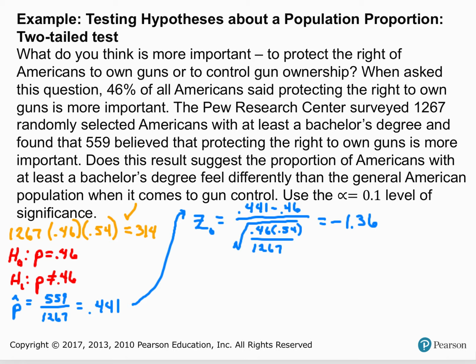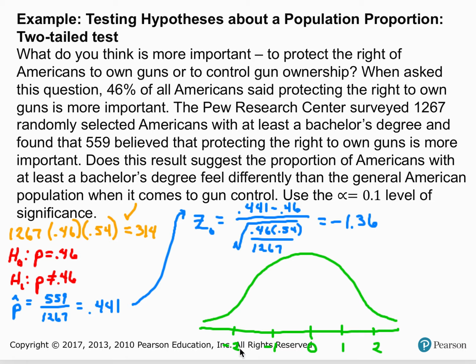All right, so let's think about what that means. Negative 1.36. So we're like right here. Okay, alpha is 0.1, but this is a two-tailed test. So 0.1 divided by 2 is 0.05.